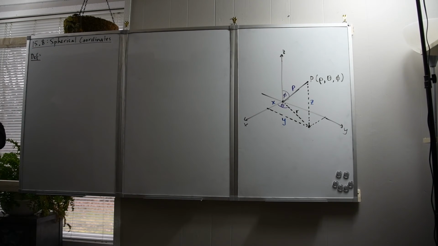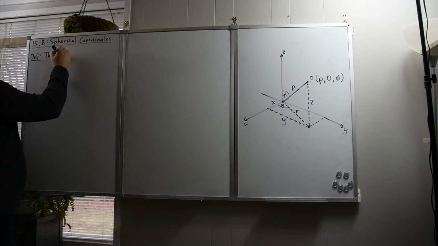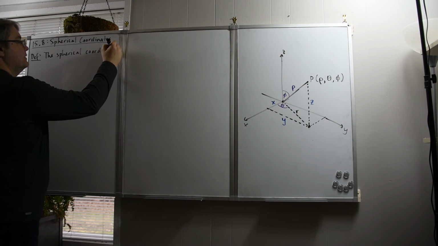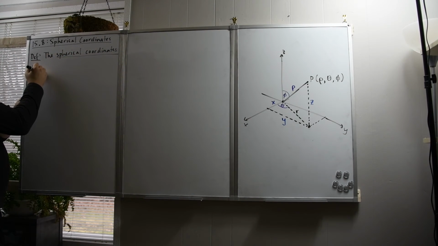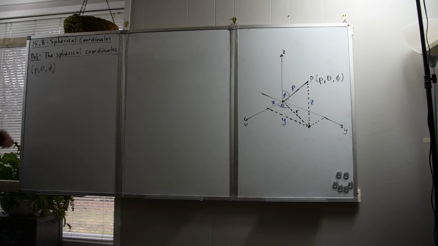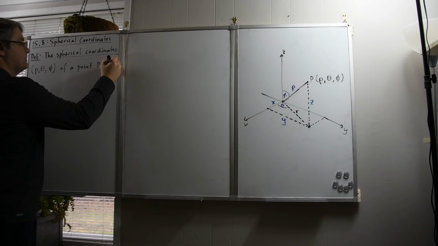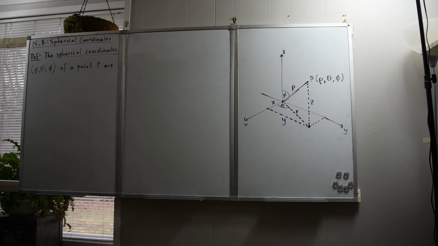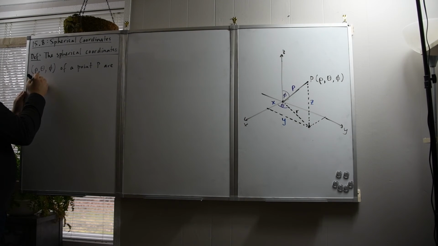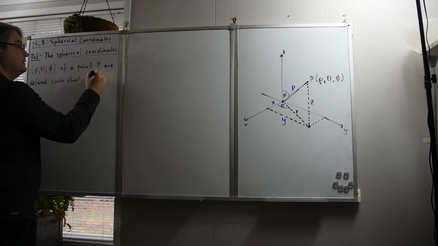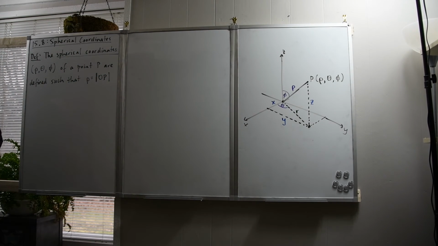And so the spherical coordinates, which once again are rho, theta, and phi of a point P, are defined such that rho is the distance from the origin to the point P. So origin we're just calling O here.